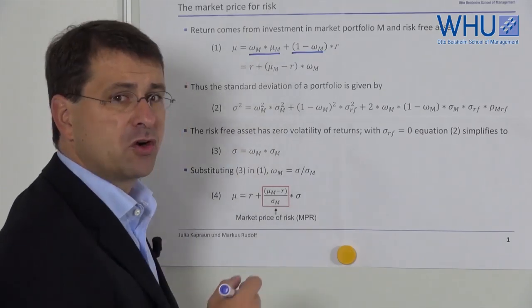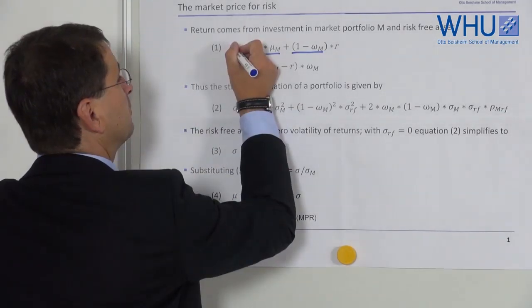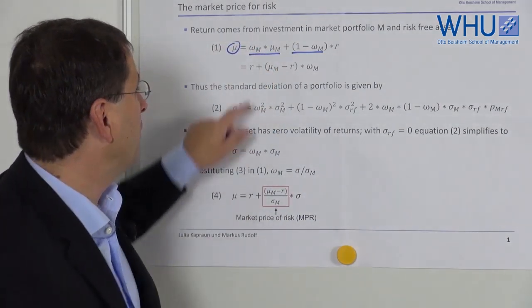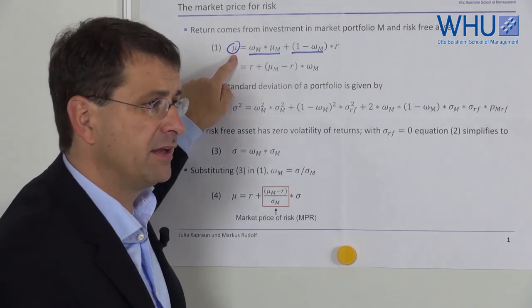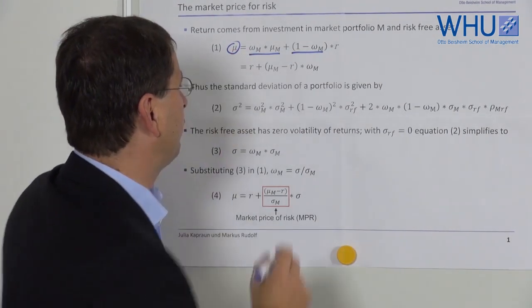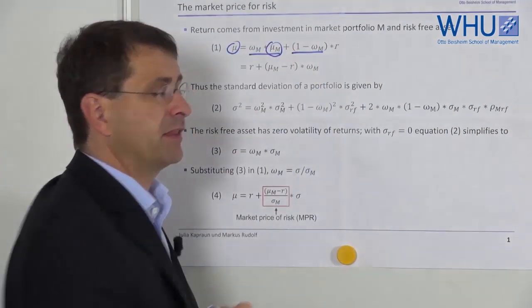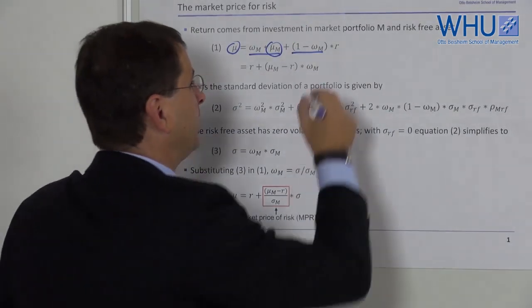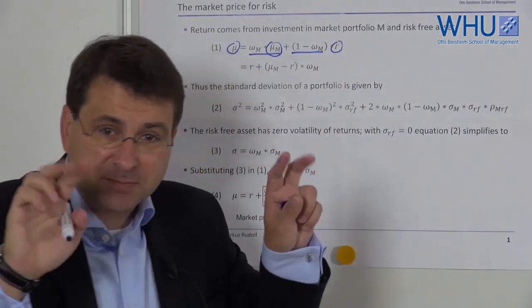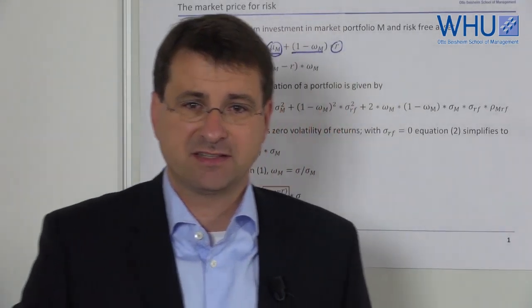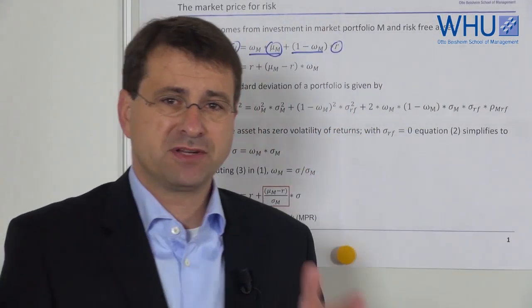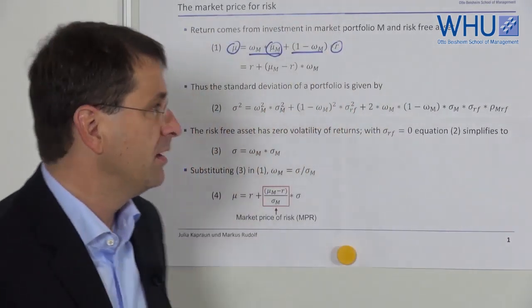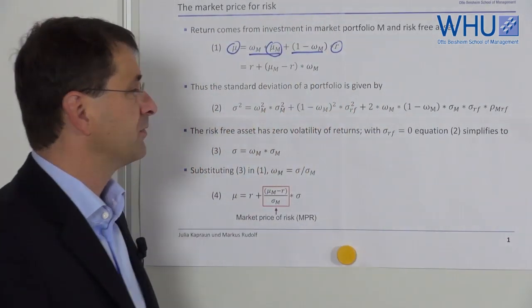So therefore, if you look at the expected return on any asset along the capital market line, and assume we call that expected return mu, then we know that this mu is simply a linear combination of mu m, which is the expected return on portfolio M, and R, which is the expected return of the riskless asset. Of course, in the case of a riskless asset, expected returns and realized returns are exactly the same because there is no uncertainty involved.